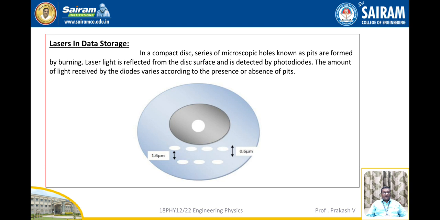Next, lasers are used in data storage devices. In order to read compact discs, we make use of laser. In a compact disc, you can see a series of microscopic holes known as pits, which are all formed by burning.